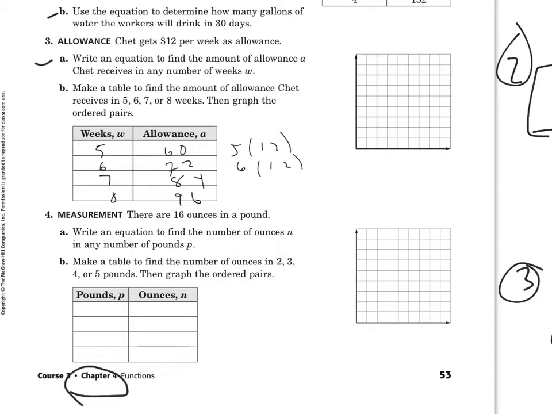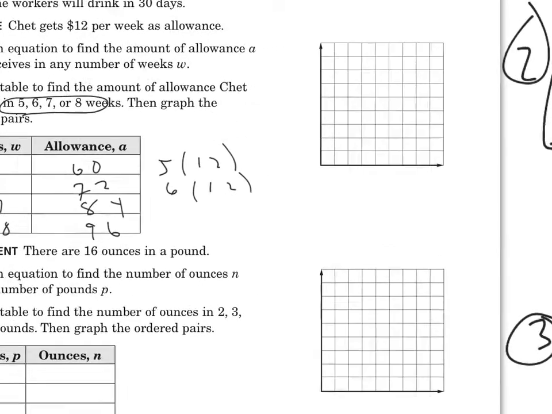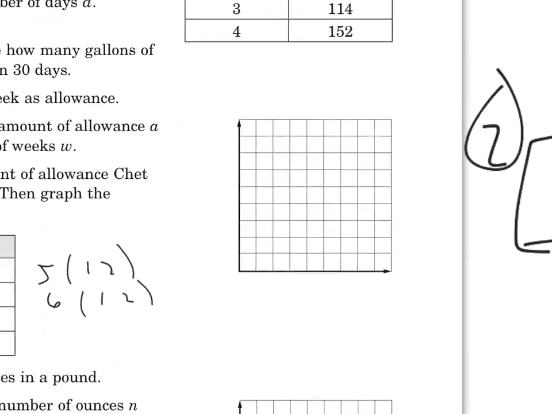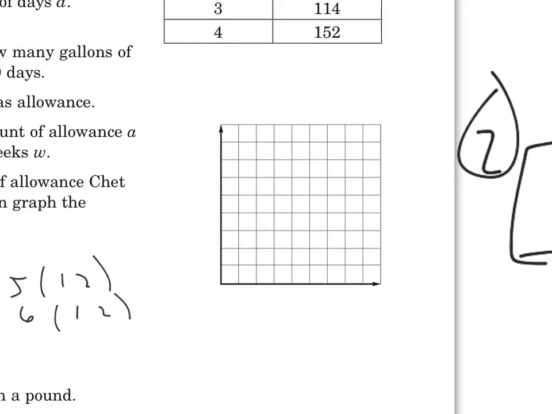And so that answers this part of the question, to make a table and calculate the table for weeks 5, 6, 7, and 8. And then it asks us to graph those data points. So we're starting at 0, and we jump 2, 4, 6, 8. These are the weeks, which are the x value, right?